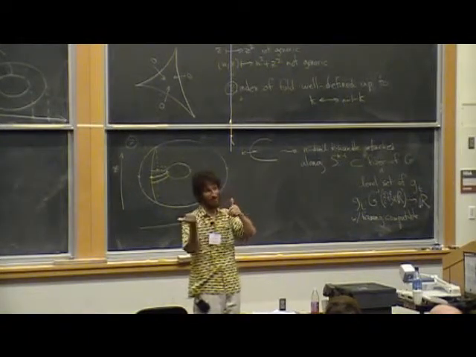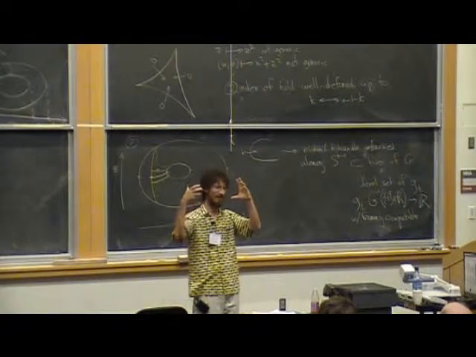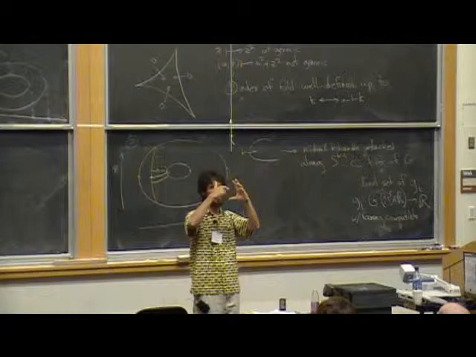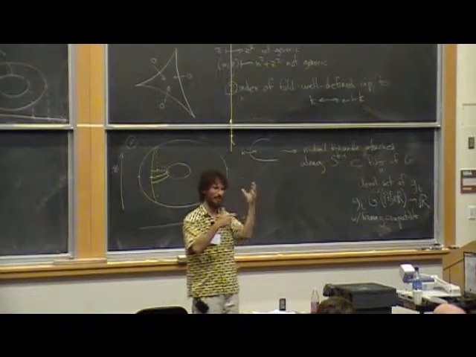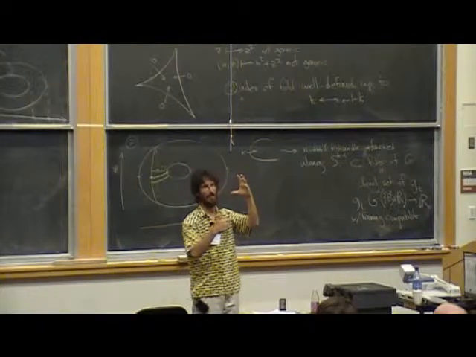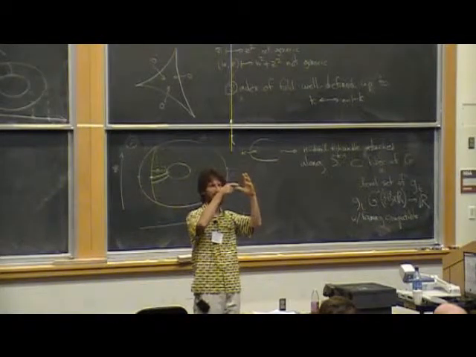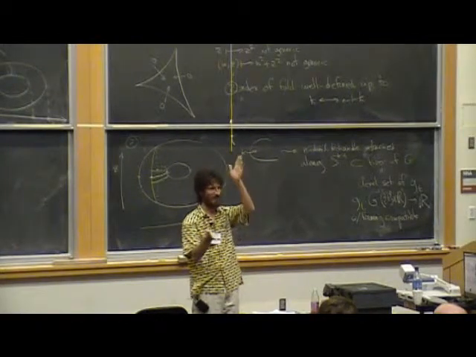You've got 2 Morse functions going in 2 different directions, and now suppose I want to attach a handle there. The attaching sphere is some submanifold of this vertical slice, which I've already built up, and I need to modify my vertical Morse function so that that attaching sphere lies in a level set of that vertical Morse function on this horizontal slice.